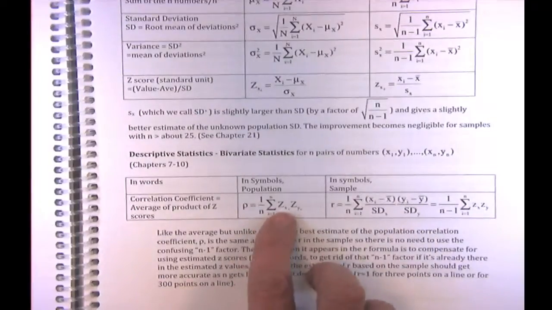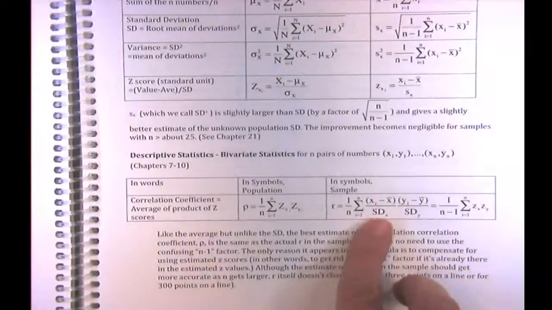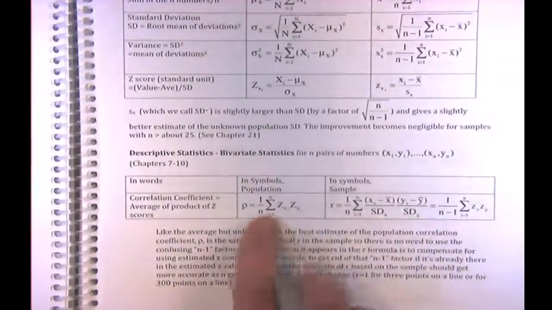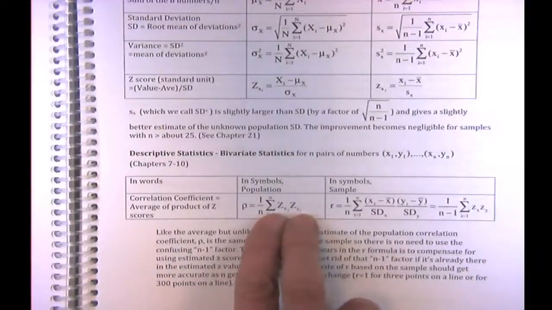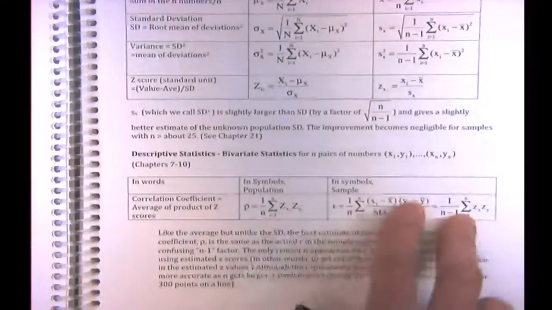So we do that for all the points. Whatever two variables we're talking about, you get z-scores that are unit-free, this common measuring stick, and then you just take the product. For each person, if there were 107 people in the data set, you just take the product of the 107 z-scores, and then take the average of those. That's what we do for correlation.